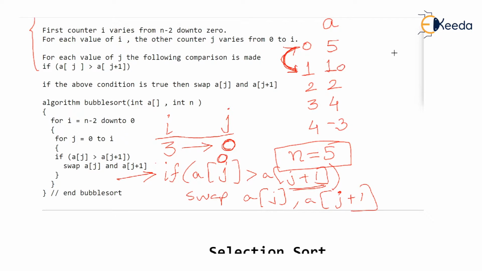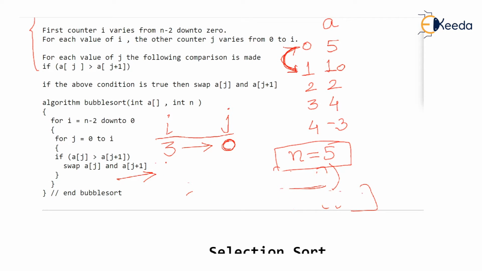Isn't it so? Now what we do after comparing a0 with a1, we will now keep the value of i as 3. We are not going to change the value of i, but the value of j will become 1. Just check that. So i is kept constant at 3. Remember, i started with n minus 2. i is kept at 3, but j is increased from 0 to 1.